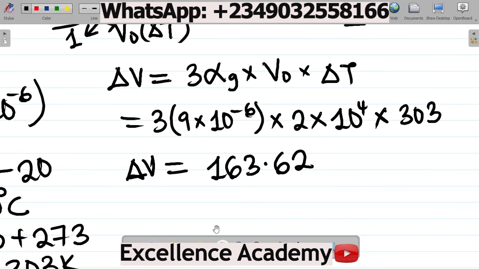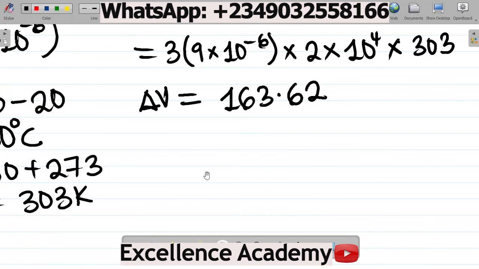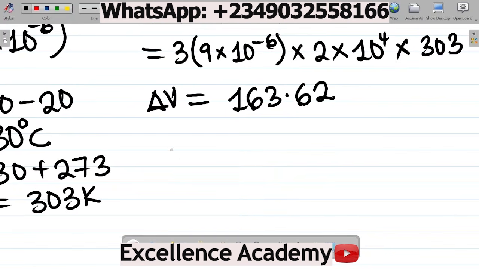If you are asked to find the final volume, the final volume V will be equal to the initial volume V naught plus the change in volume. This is in cm cube, by the way.